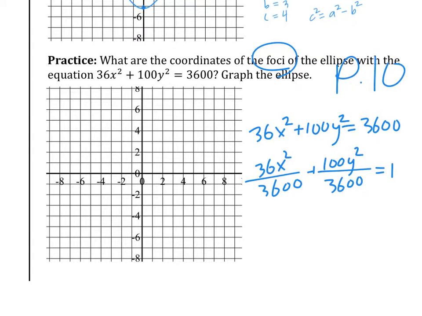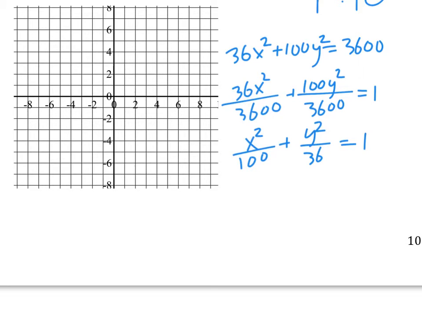Okay, x squared over 100 plus y squared over 36 is equal to 1. So HKABC, HK is 0, 0. A is 10, so A is the longer one. B is 6. C, you have to use the formula C squared equals A squared minus B squared, so that is 8.